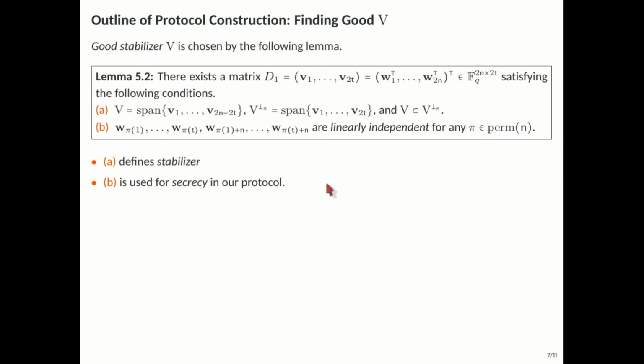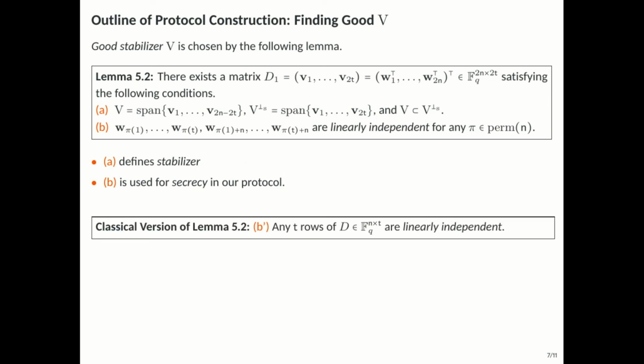So for explaining how our condition B helps the secrecy condition, I want to compare with the classical case to give you the intuition of our protocol. The classical version of our Lemma 5.2 is this condition B prime, that any T rows of the matrix D over a finite field are linearly independent.